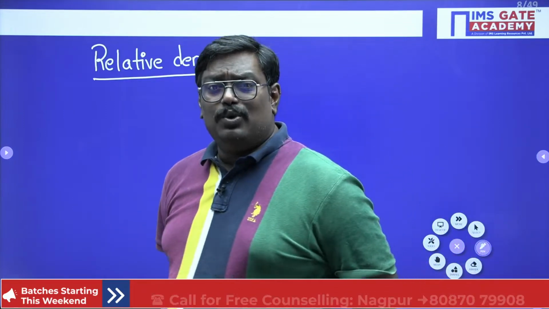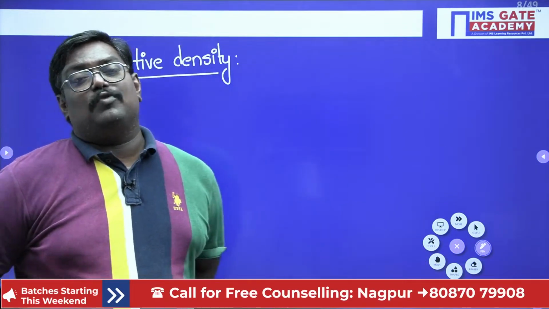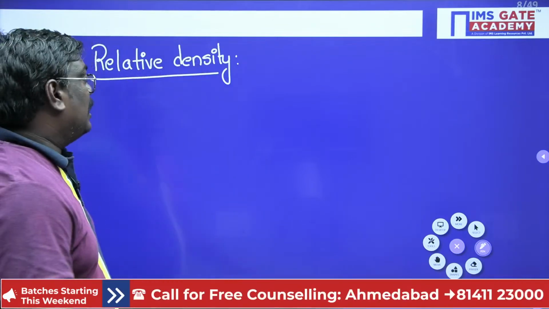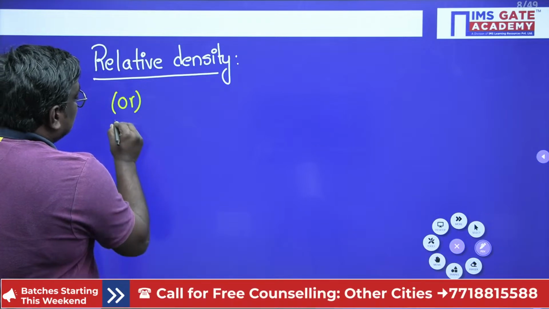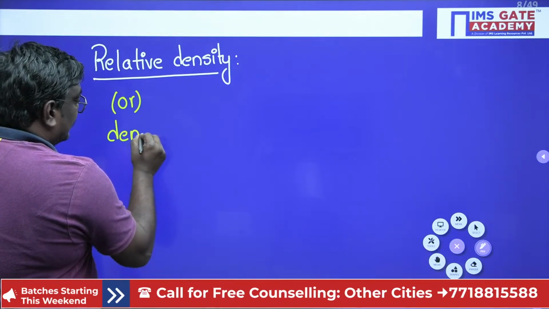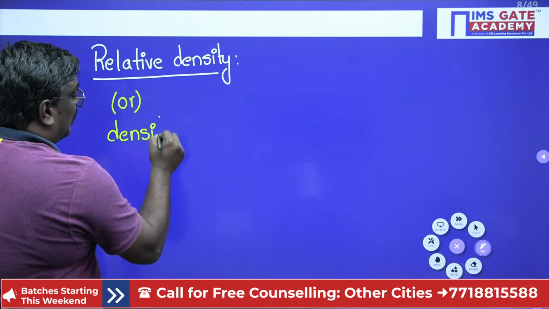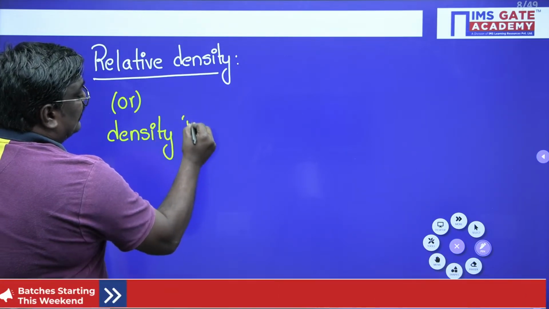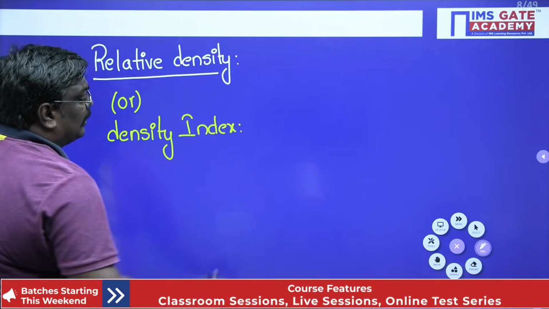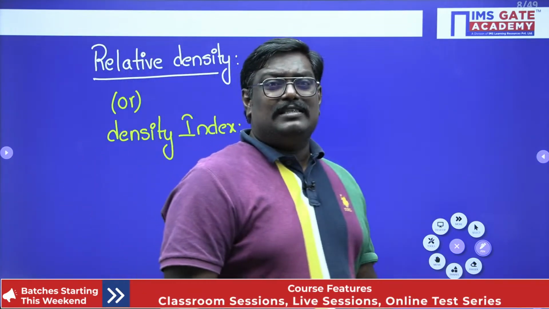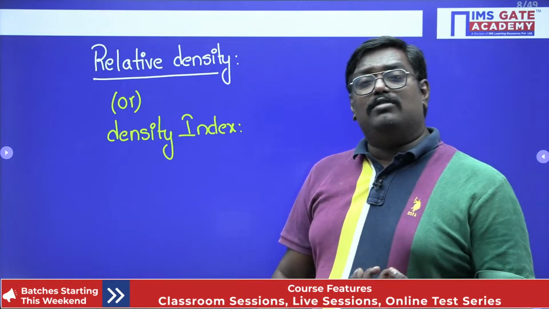As I told you, relative density is also useful for the classification of coarse grained soils. Here relative density is also known as density index. So my dear students, when you see the formula, relative density will be shown as ID. Even when I was studying my BTech, preparing for the GATE exam, I used to have this doubt about why relative density is denoted as ID.